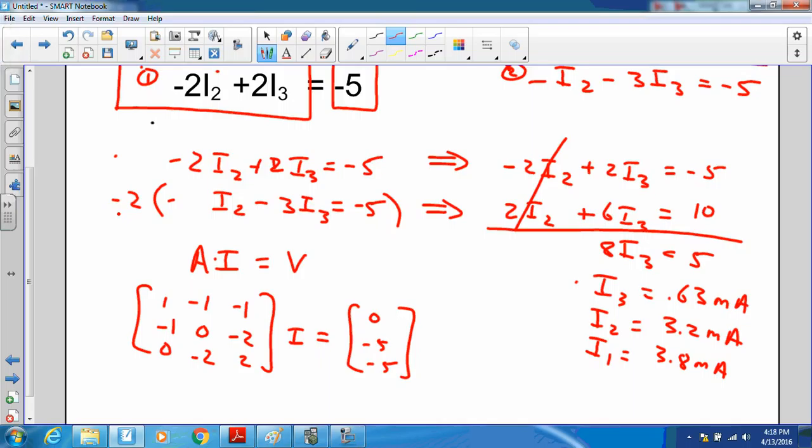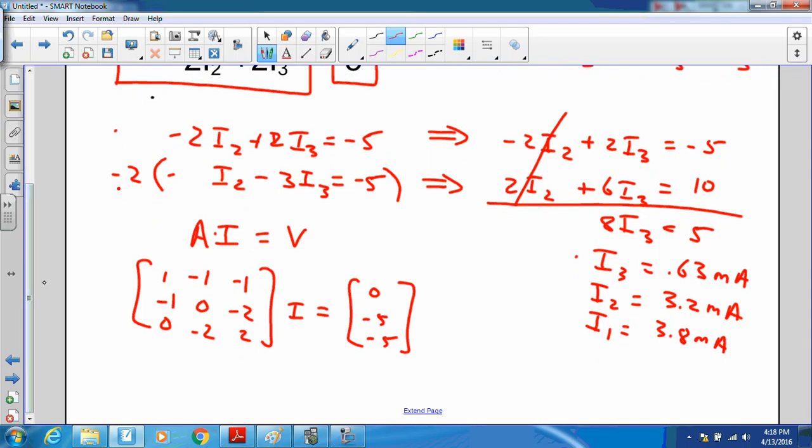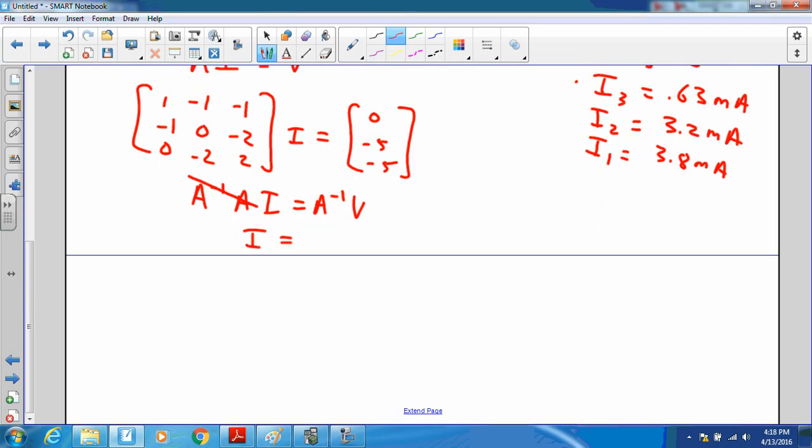And the idea is that if I can multiply both sides by the inverse matrix A inverse, then that will cancel the A on this side, and I get my vector of currents directly as A inverse times V. So if I can set that up on the calculator, then life is very easy.